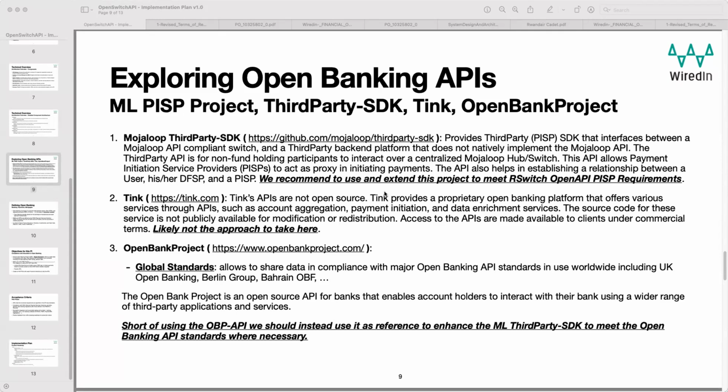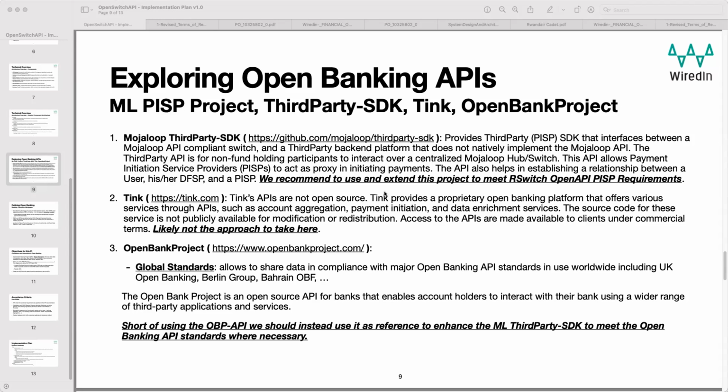First, what we set out to do was to see the kind of work that is already available, either in the Mojaloop community itself, or also to look a little bit further out on some of the global standards that already exist, to get inspired by those.